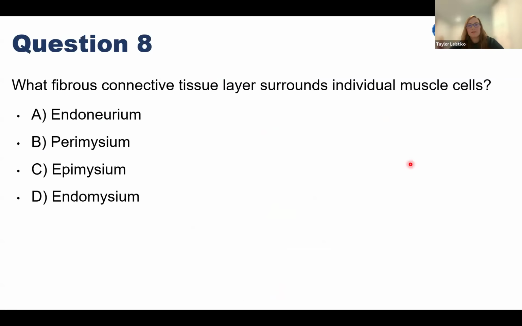Okay, and then here's my last question for you guys. What fibrous connective tissue layer surrounds individual muscle cells? Endoneurium, perimysium, epimysium, or endomysium?